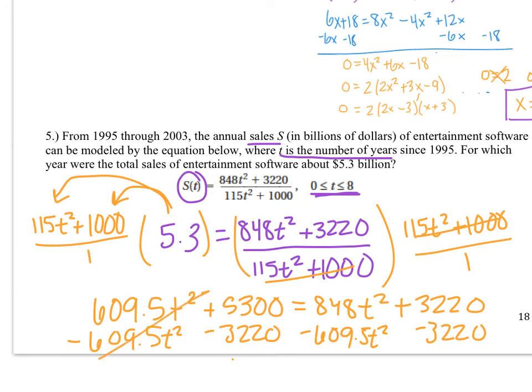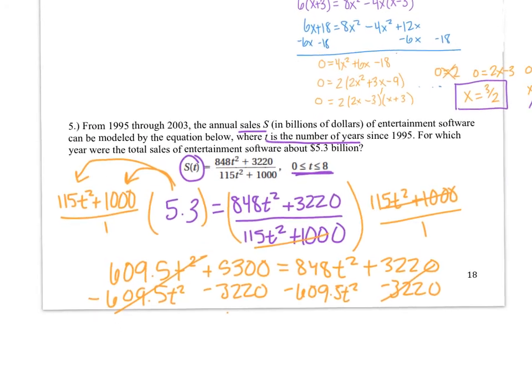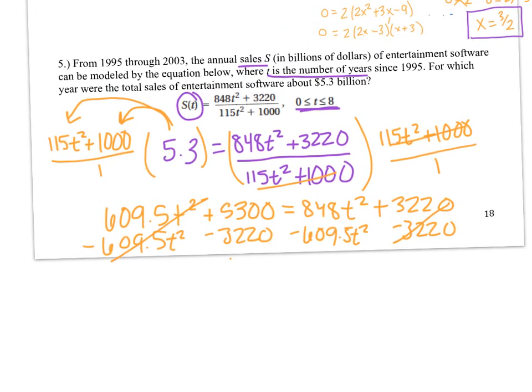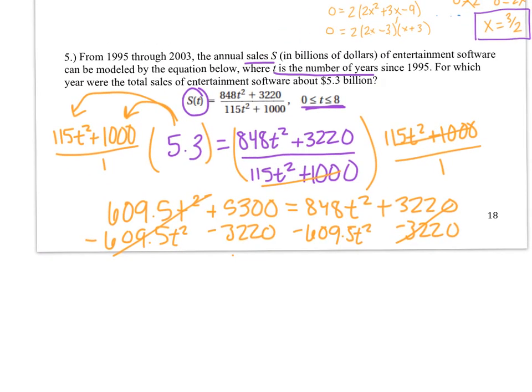So these cancel and these cancel. And you're left with 2,080 equals 238t squared.